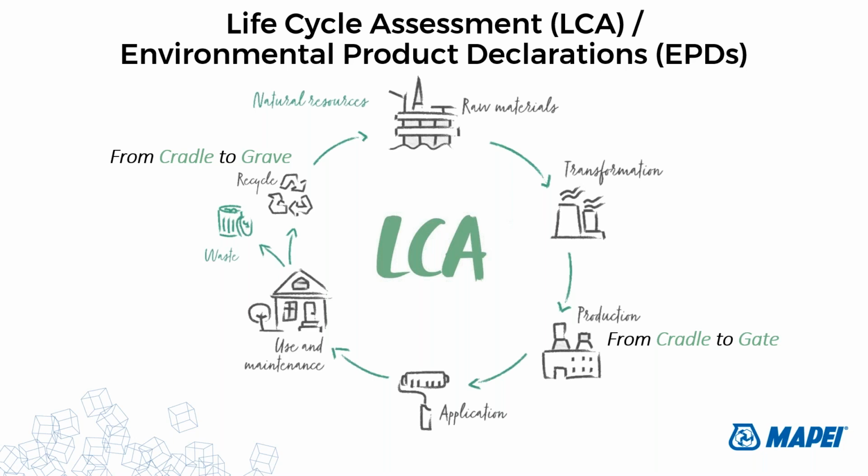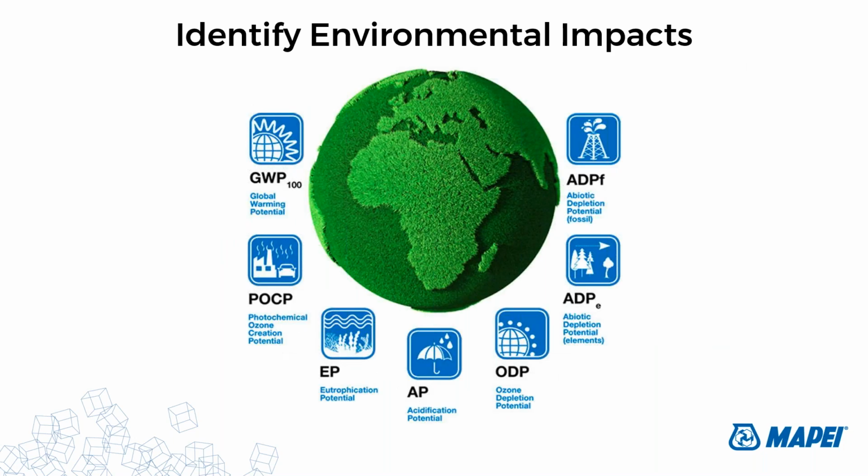An approach in which all phases of the product life are taken into consideration is called cradle to grave. And if the evaluation ends after the production phase, it's called cradle to gate. So using a specific calculation software, which takes into account the data relating to the product life stages, it's therefore possible to quantify the impacts that the product can have on the environment.